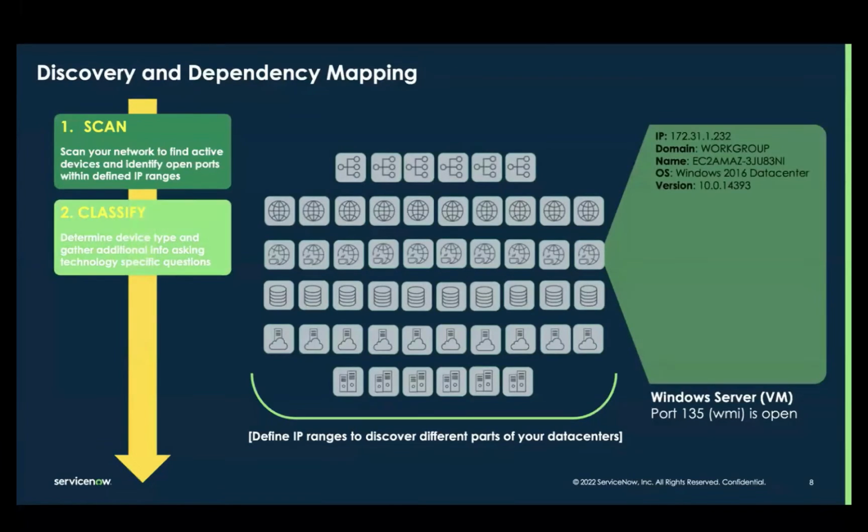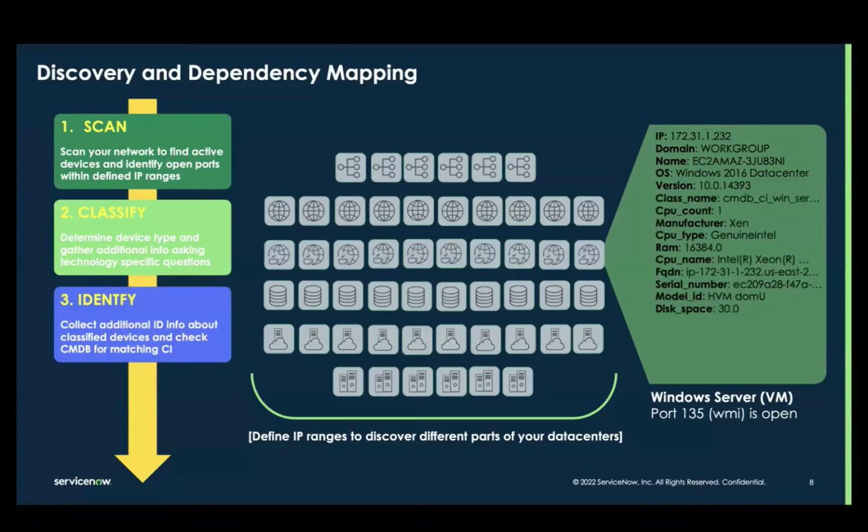And after that, we'll be able to gather the device type information and even additional information about the version or the OS information itself for the technology-specific questions. And that's called the classification phase, where we're actually leveraging the classifiers.